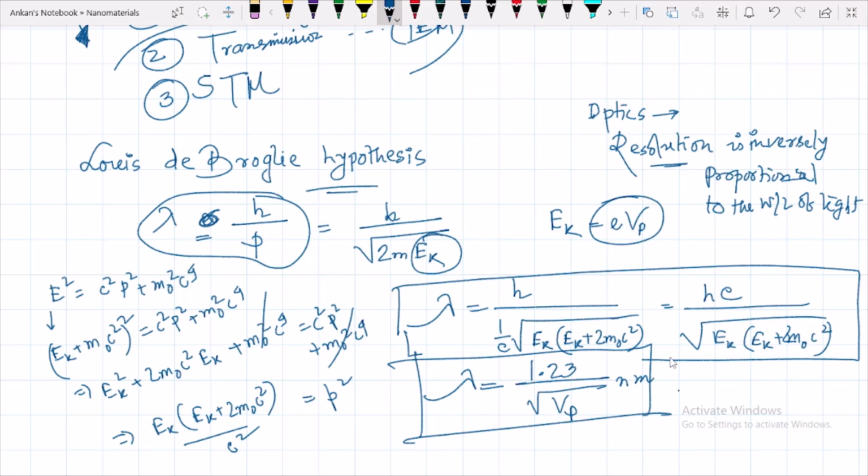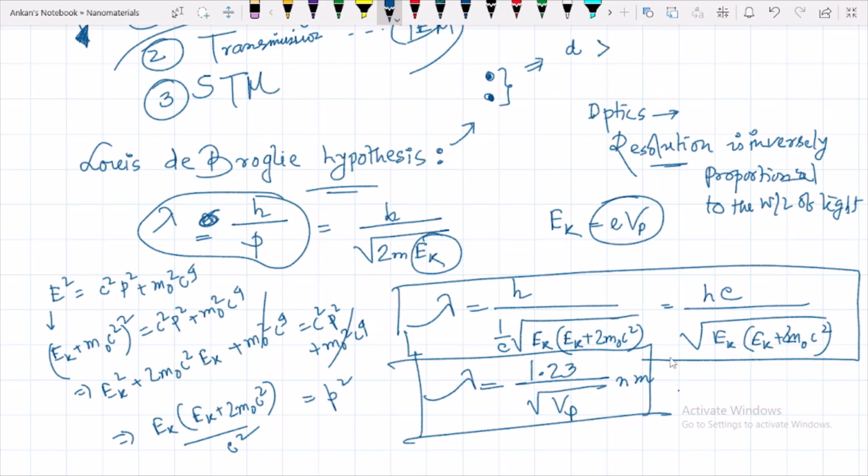Again, we know from the de Broglie hypothesis that a quantum particle or radiation has two properties: one is the particle property and the other is the wave property, but these two cannot be established simultaneously. At one event only one property dominates. This depends on the average distance d.